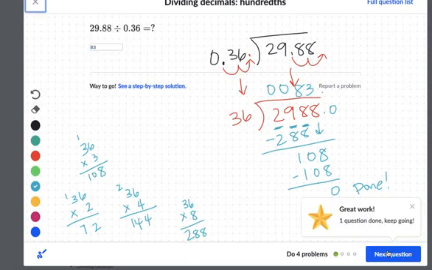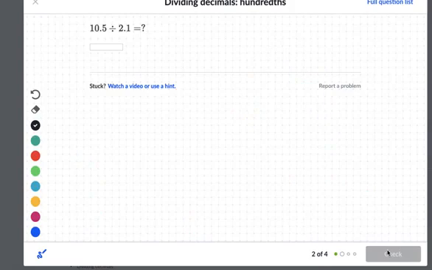Okay, here is one last one before we end for today. Go ahead and try it on your own first, and then we'll do it together. All right, so for this problem, our dividend is going to go on the inside. That's always the first number. 10.5 is being divided by 2.1.